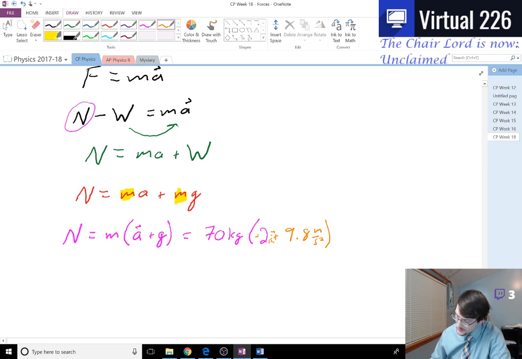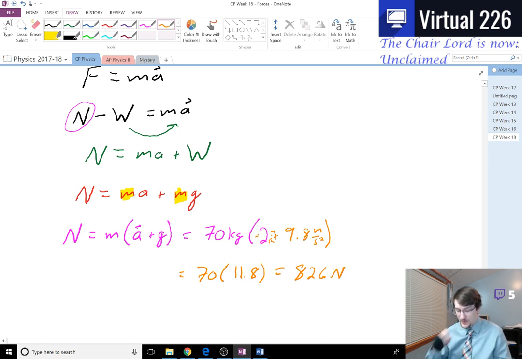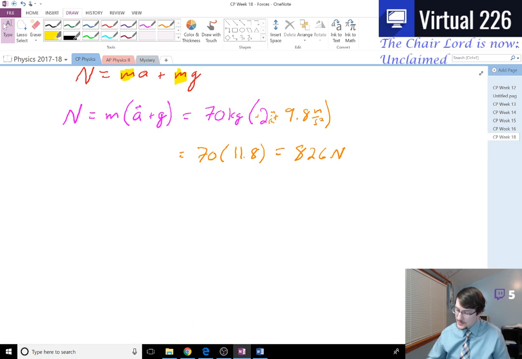If we do this, this is going to be 70 times 11.8 kilograms times meters per second squared. It's going to give us newtons. If we do 70 times 11.8, we get 826 newtons.